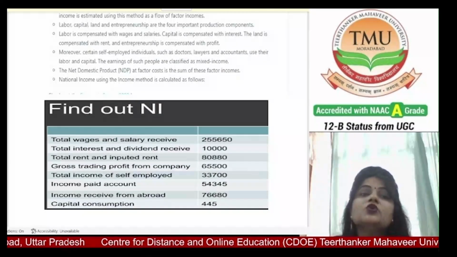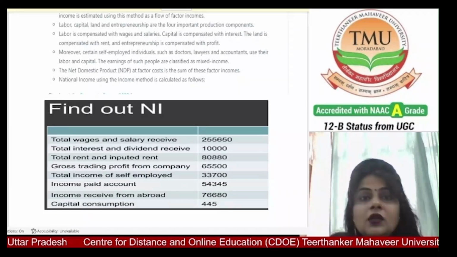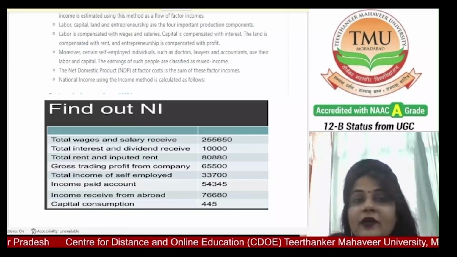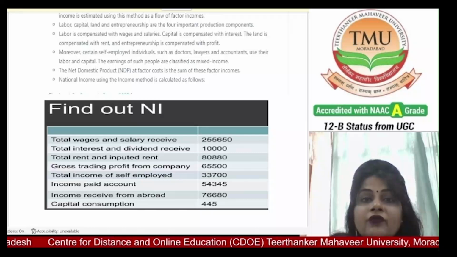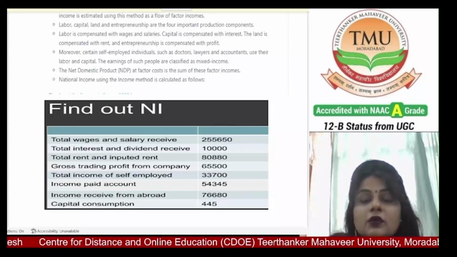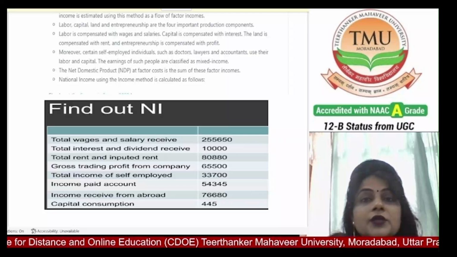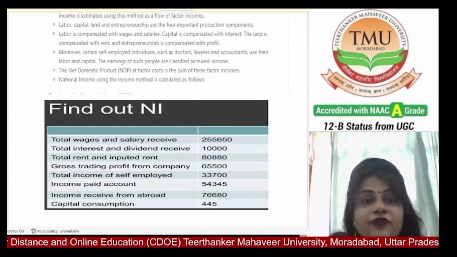So national income using the income method is calculated as total wages and salaries received 2 lakh 55,650.